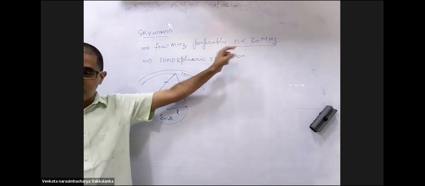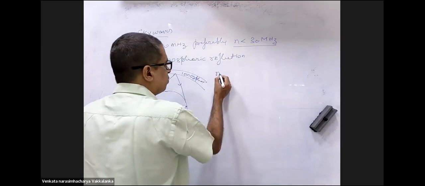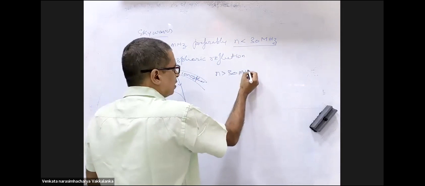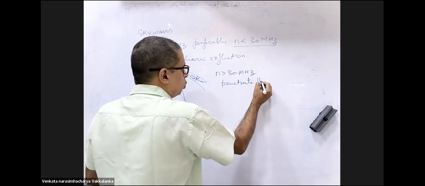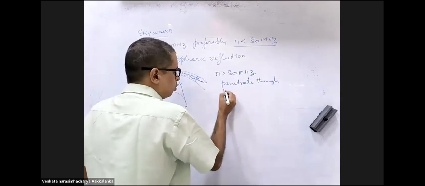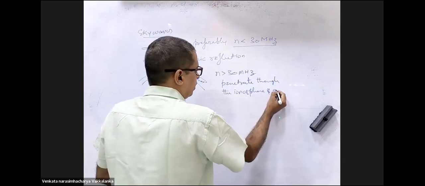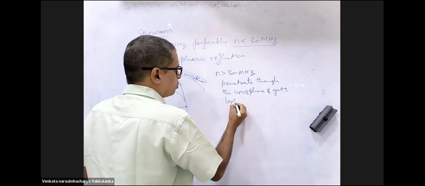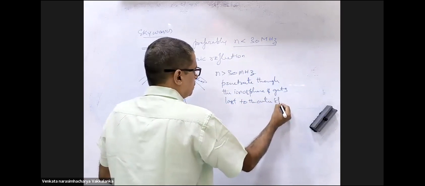Then why can you transmit only frequencies lesser than 30 megahertz? Because frequencies greater than 30 megahertz penetrate through the ionosphere and get lost to the outer space.